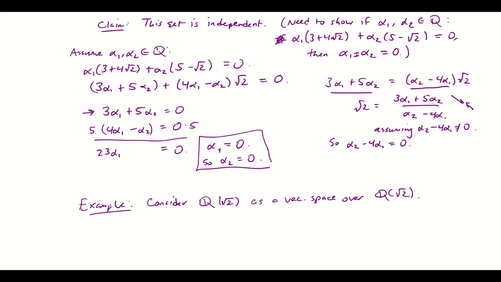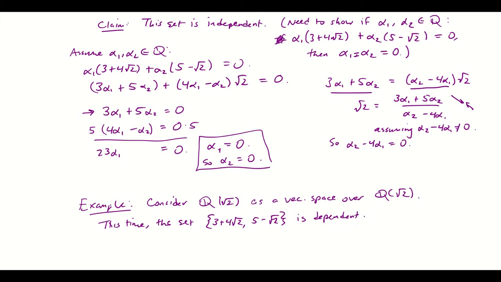That's perfectly valid. Any field is a vector space over itself. And in this case, the set, what was it again? It was 3 plus 4 root 2, 5 minus root 2. This time, this set is linearly dependent.